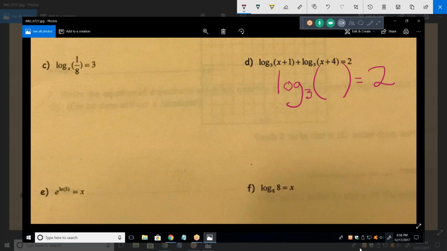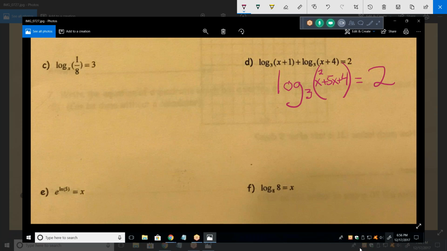When you add 2 logs and you condense it, what do you do to the arguments? You multiply them. Perfect. And that actually multiplies out. I'm going to multiply them together just to demonstrate something. 4x and 1x is 5x. So there's my new argument.